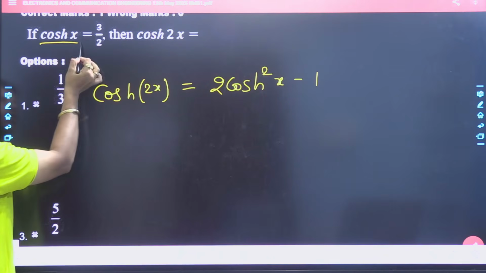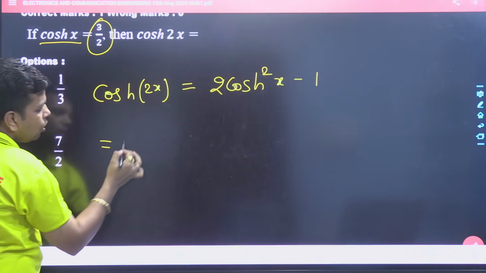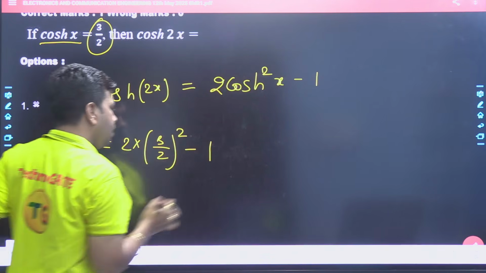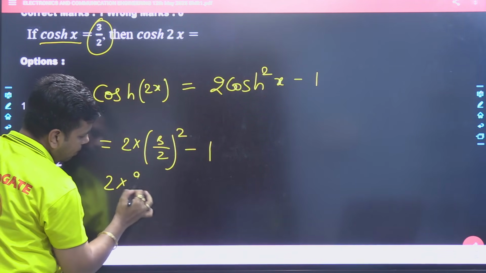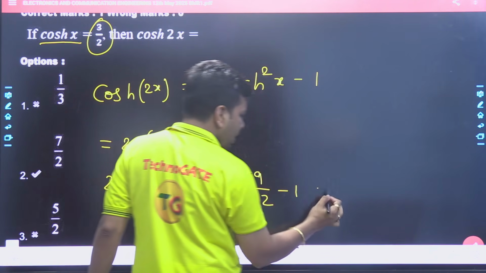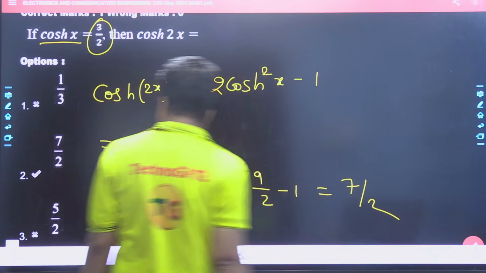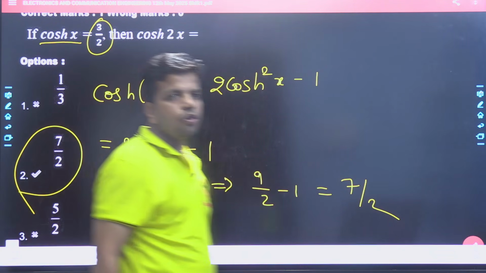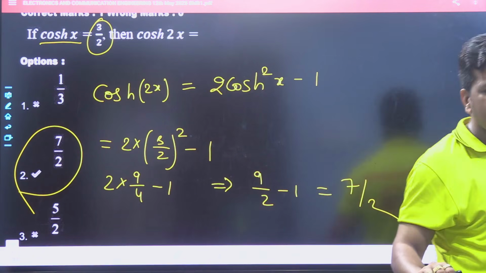We know the value of cosh x is 3 by 2. So 2 into 3 by 2 whole square minus 1. So 2 into 9 by 4 minus 1. So 9 by 2 minus 1. 7 by 2, you can go with answer second. That would be a very easy question. So you can go with answer 7 by 2.